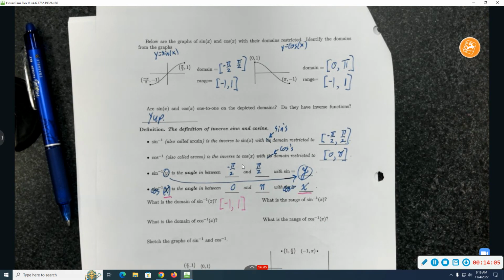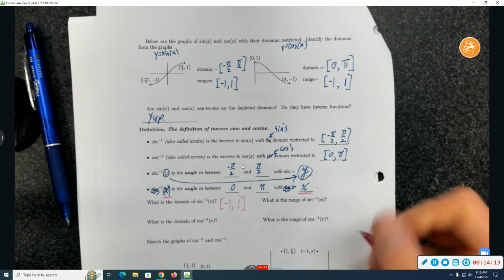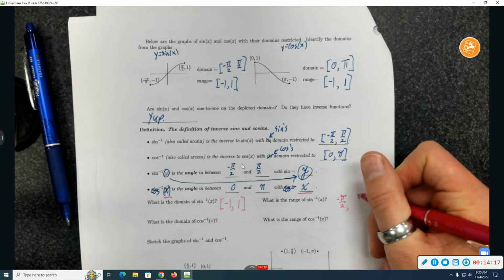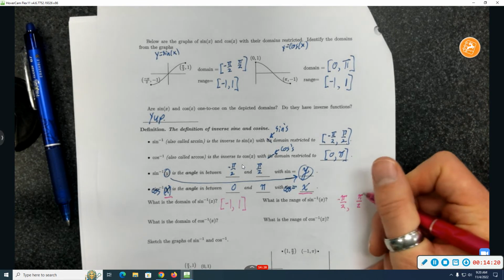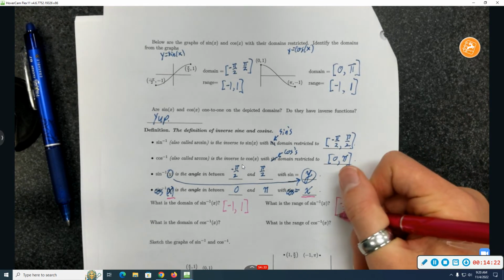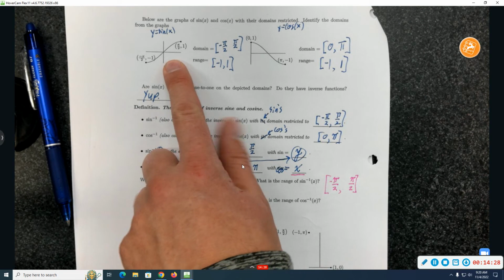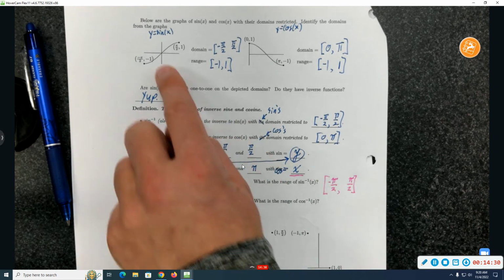What's the range of inverse sine? -π/2 to π/2. Inclusive or exclusive? I hear an inclusive. So let's think about this the same way. I want the range of the inverse sine, so I want the domain of this function.